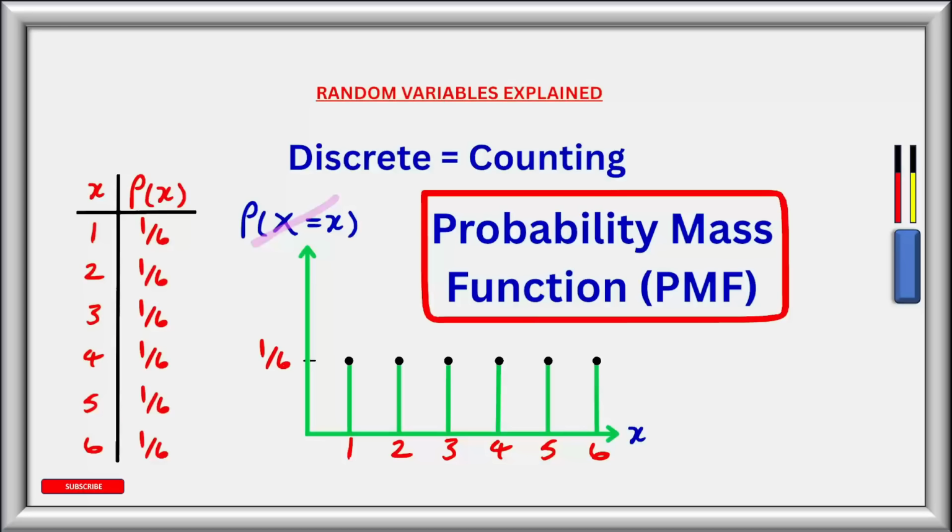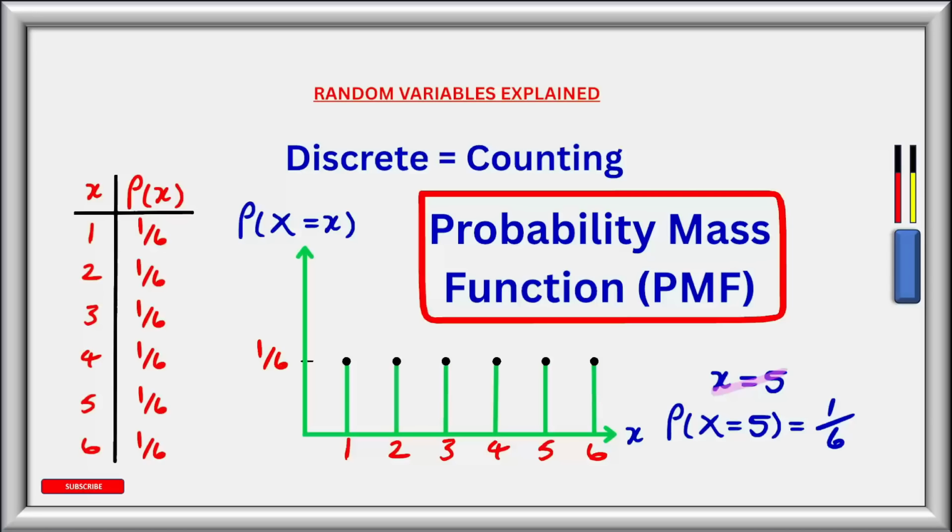Look at how the table on the left matches the graph on the right. For any specific die face outcome x, let's say x equals 5, the table lists that the probability that x equals 5 is equal to 1/6, and this corresponds directly to the height of the spike at x equals 5 on the graph.